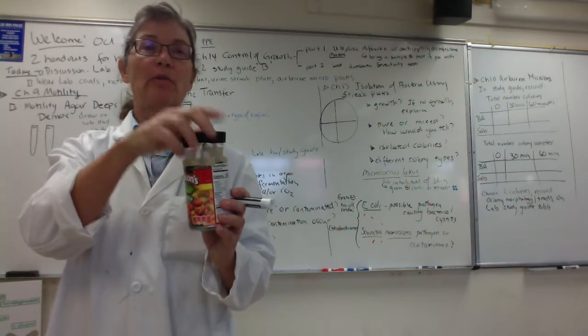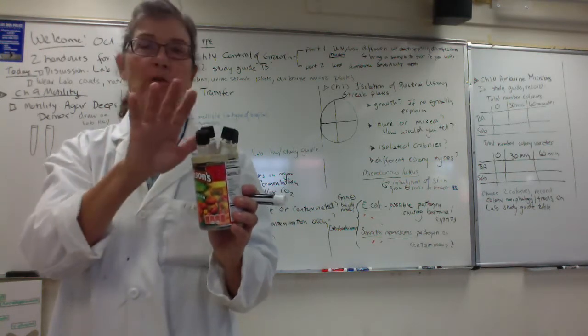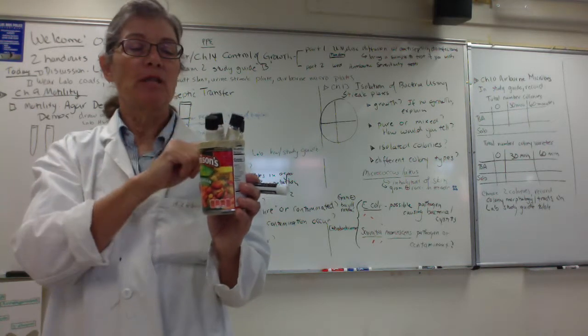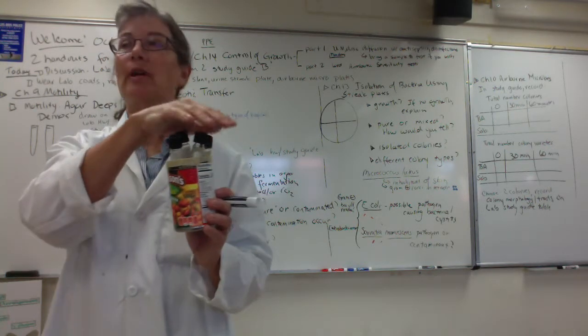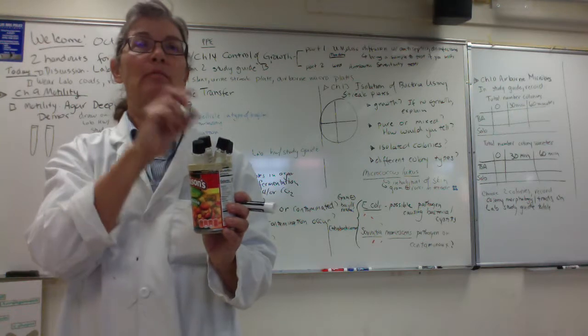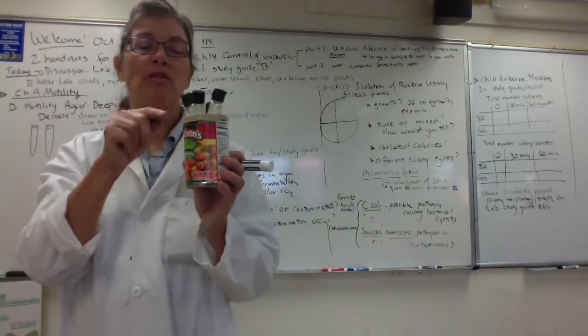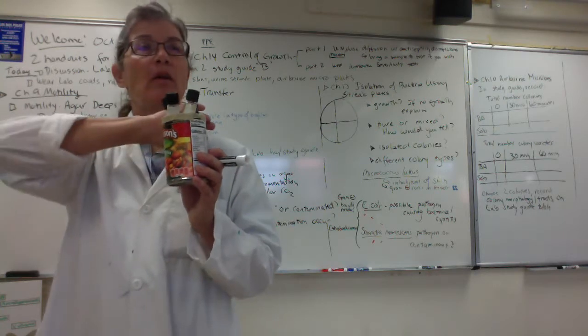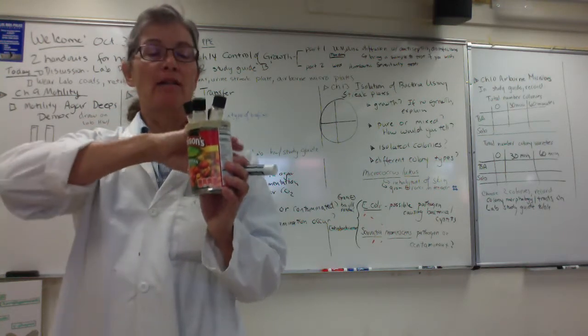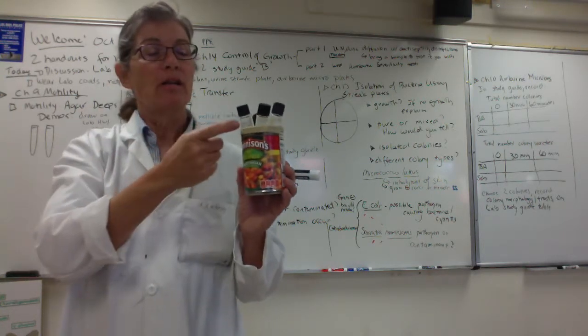For today it wasn't an issue, but when we start doing the TSI big butt slants, I'll also have you spray the tubes with disinfectant before you handle them, and you'll always handle them with gloves. The reason is, with the TSI, there's so much sugar, there's so much gas, that the agar blows apart.